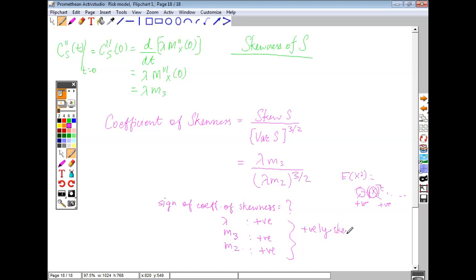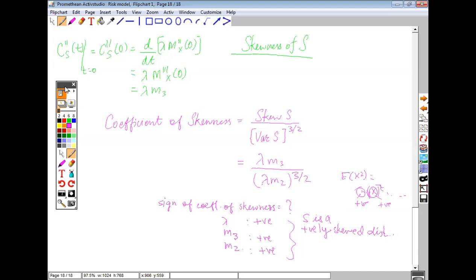So I can say that my S is a positively skewed distribution. But again, what happens if my lambda goes to infinity?